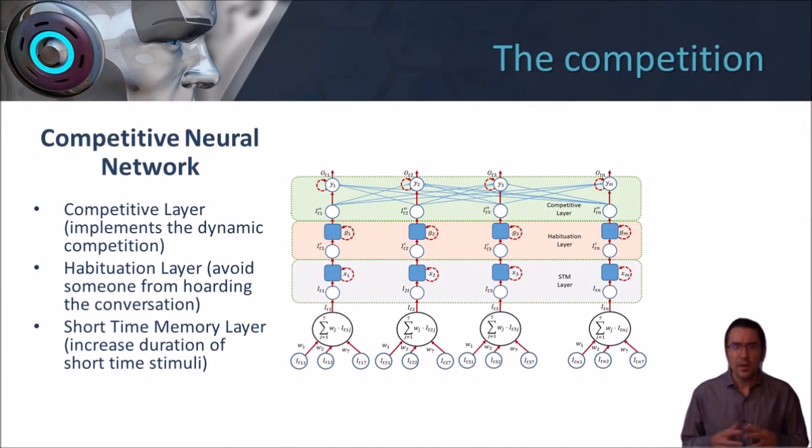Our competitive neural network is composed of 3 different layers. The first layer is the competitive layer, which is the one that really implements the dynamic competition. Secondly, we use an habituation layer which avoids someone from hoarding the conversation.